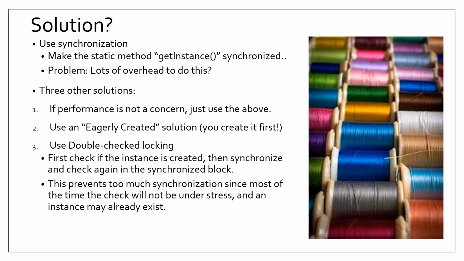Now, if the object already exists, you'll skip over that synchronization and never encounter the overhead of it, so your getInstance will be a very quick return. If, on the other hand, the instance has not been created, and this will only happen one time, then you'll synchronize the creation of it, and that will prevent two threads from coming to true at the same time. That basically allows you to have a high-performance but thread-safe instance of the singleton.